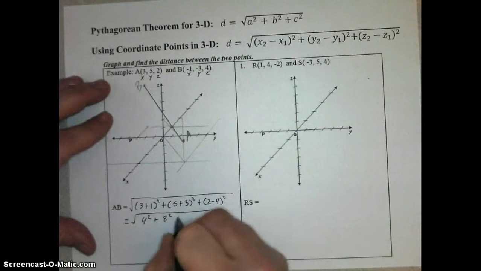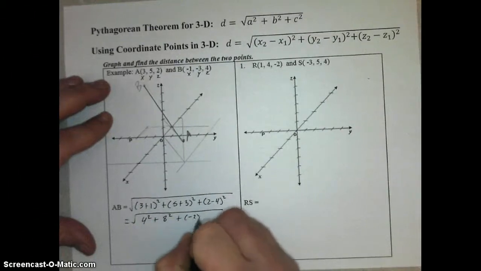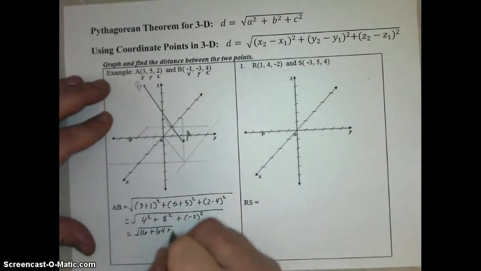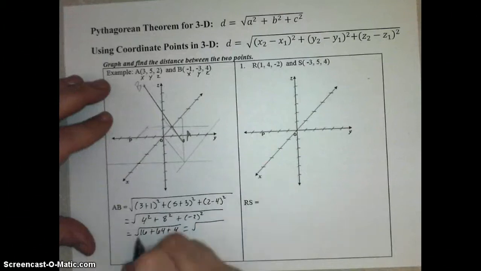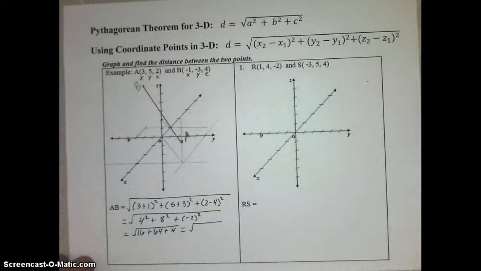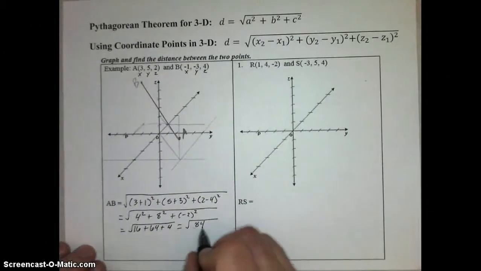And 2 minus 4 is -2. And then I have to square those. 4 squared is 16. 8 squared is 64. And -2 squared is 4. So when I add these all together, 16 plus 64 plus 4, I get the square root of 84.